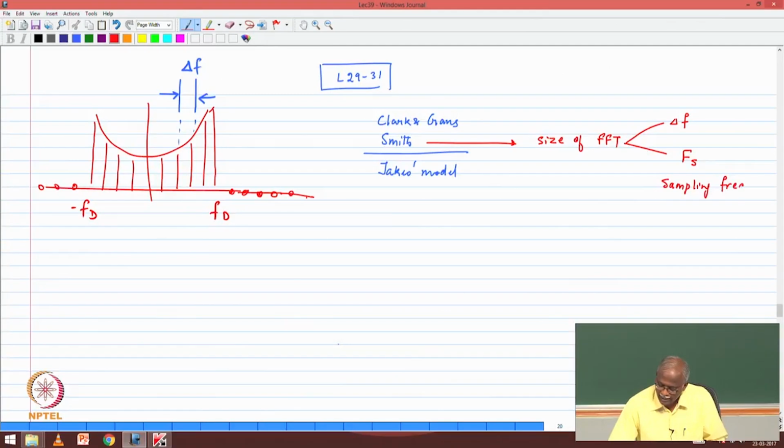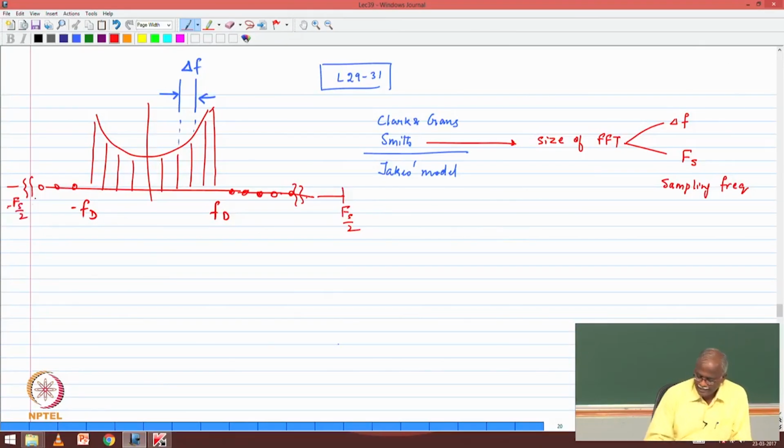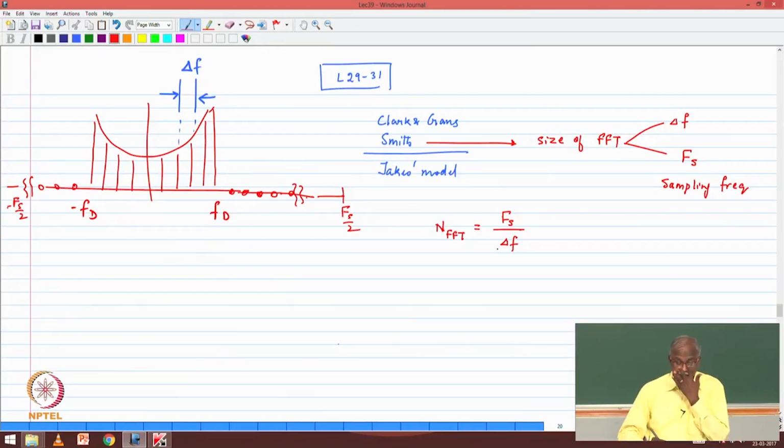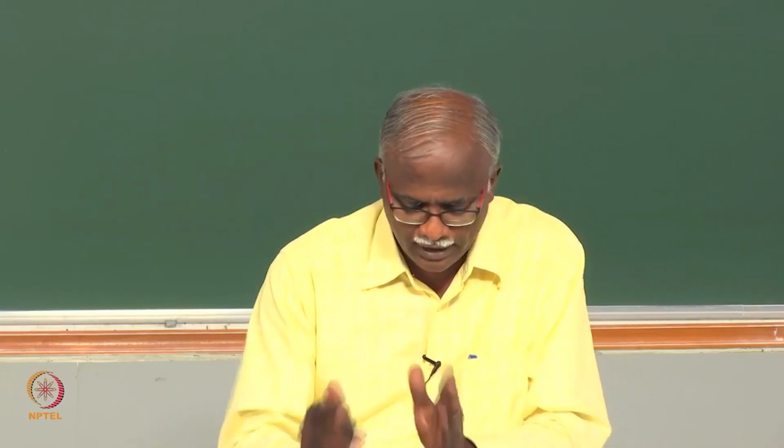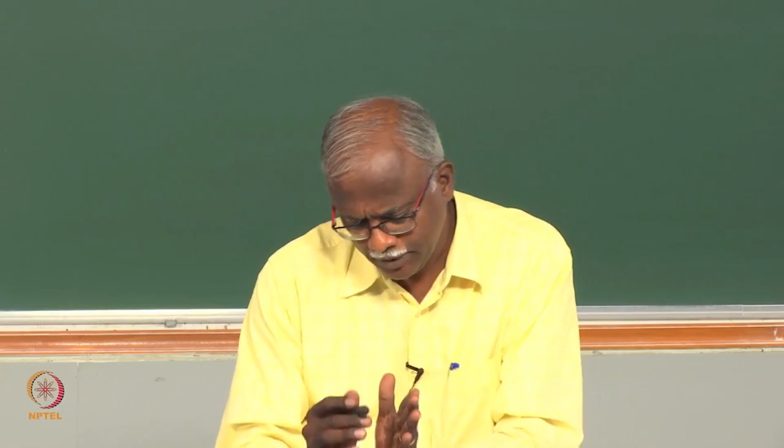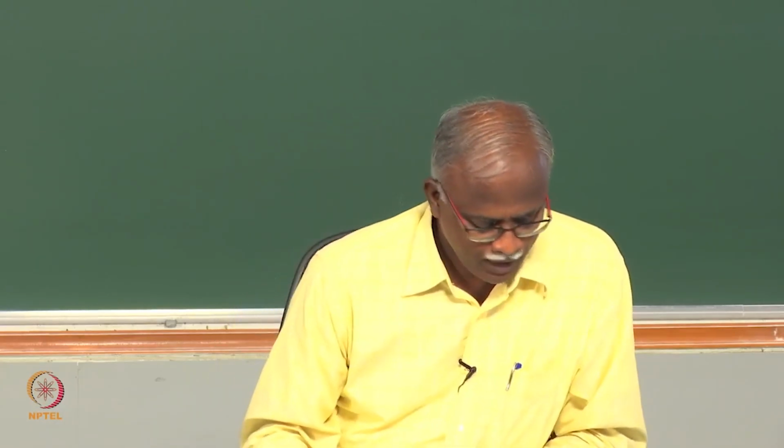So if you were to think of this all the way up to Fs by 2 and on this side to minus Fs by 2, the size of the FFT, NFFT, is equal to Fs divided by delta F. And this number could be very large depending upon how much resolution you want to achieve in terms of the representation of the Doppler spectrum.